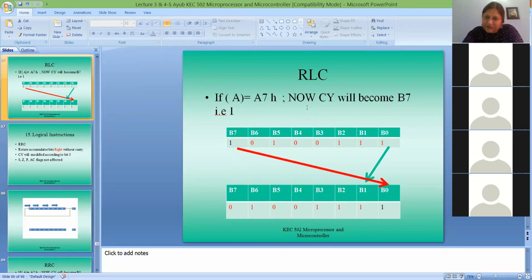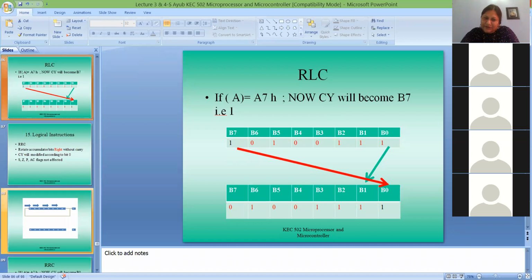RLC is without carry and RAL is with carry. Both are rotating left, but with carry. So your new contents of accumulator depend upon the status of previous carry. Both the results will not be the same. RLC result will be different and RAL result will be different.